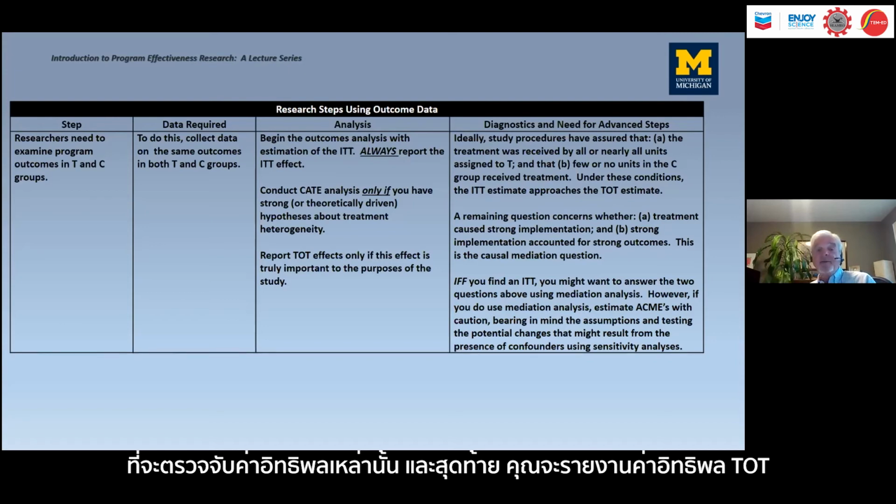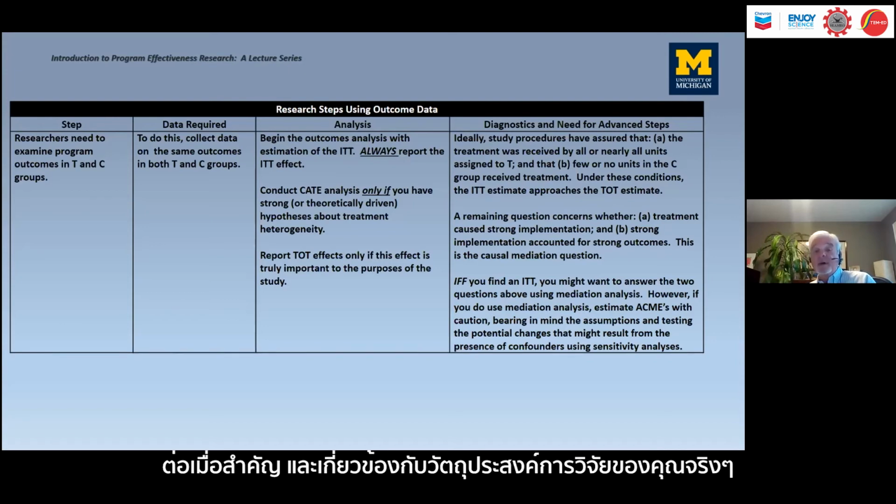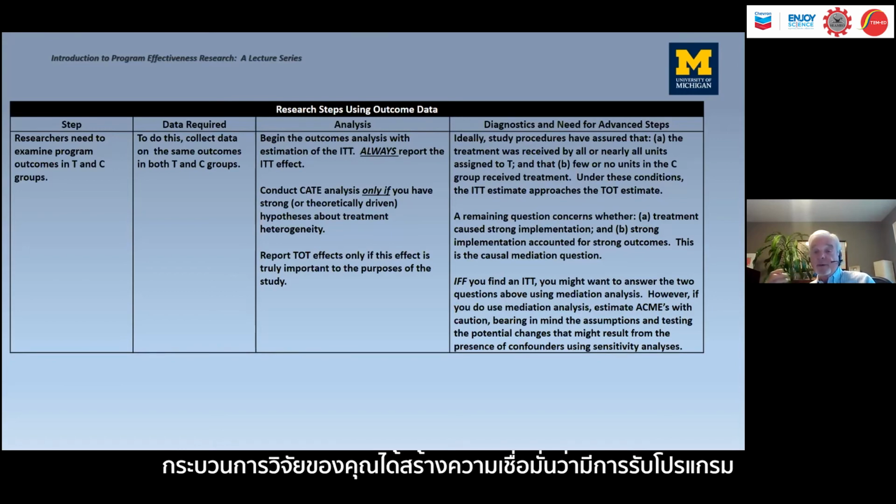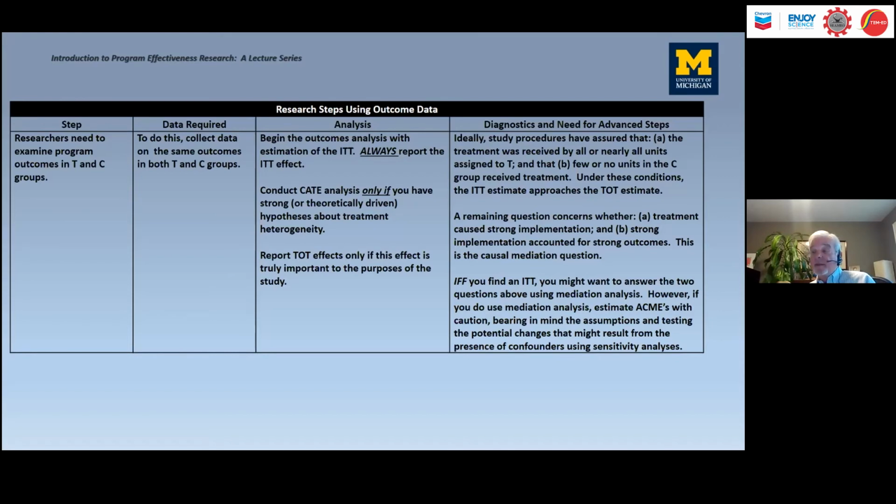And finally, you report the TOT effects only if they're truly important and relevant to the purposes of your study. So ideally, your study procedures have assured that the treatment was received. There's a lot of compliance in the treatment group. There's little non-compliance in the control group.